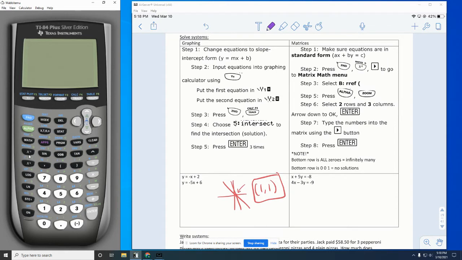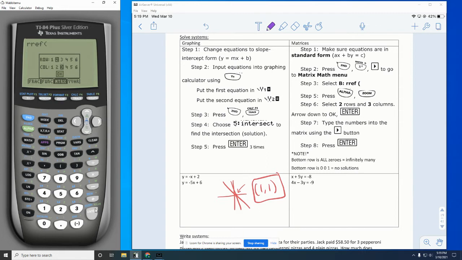We're going to click second, x to the negative 1. Click the right arrow and then go to the math menu. We're going to go up or down to select B, RREF, the really rapid equation fixer, and click enter. Then we're going to click alpha zoom, and we want 2 rows by 3 columns.